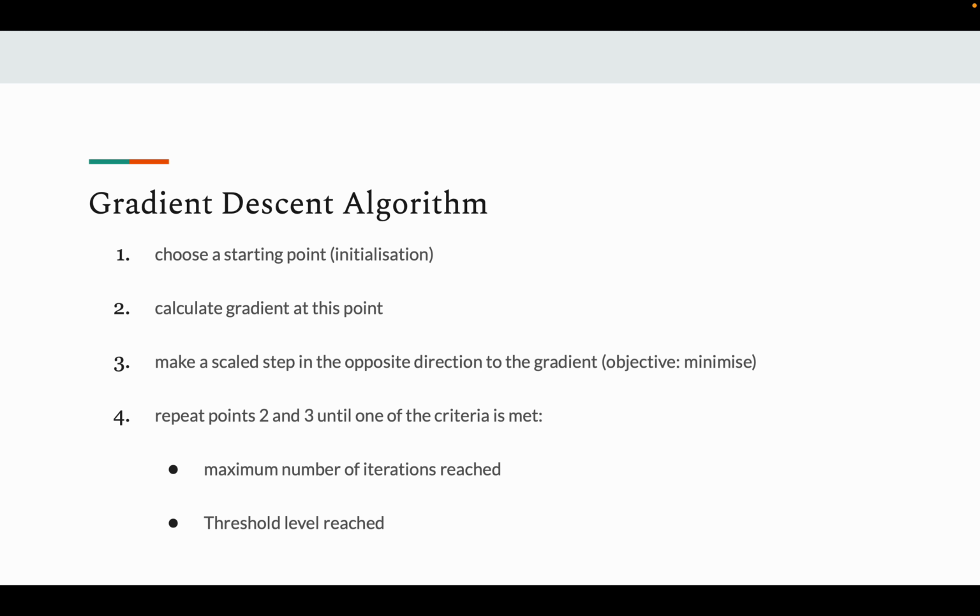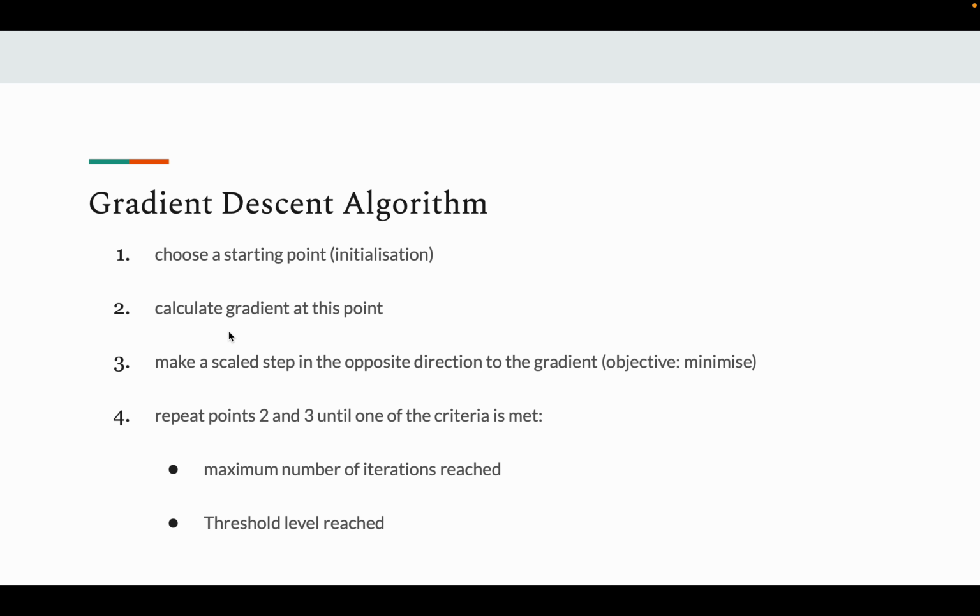Our goal is to find a best fit line. So consider, for example, y is equal to mx plus c. For m and c, we need to initialize some random values. Say we start with m is equal to 0 and c is equal to 0. Then we need to calculate the gradient at this point.